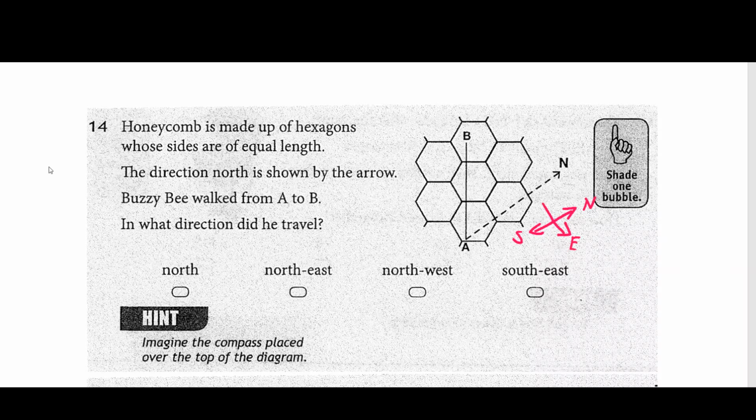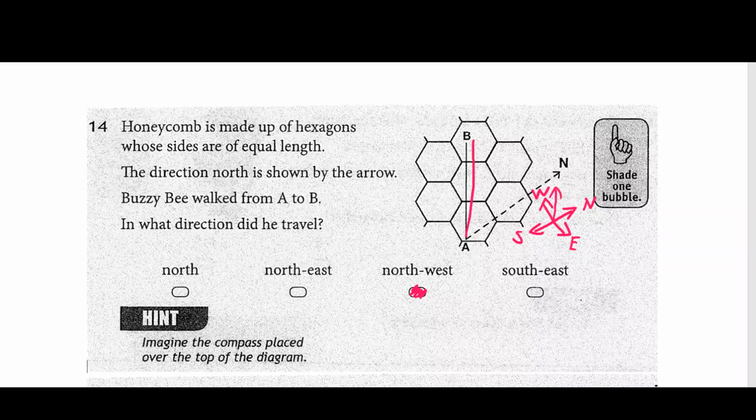Now, if he walks in this direction from A to B, then that's going to be northwest. All right, so it looks like to me he's walking northwest. So we had to imagine here a compass is placed over the top of the diagram.